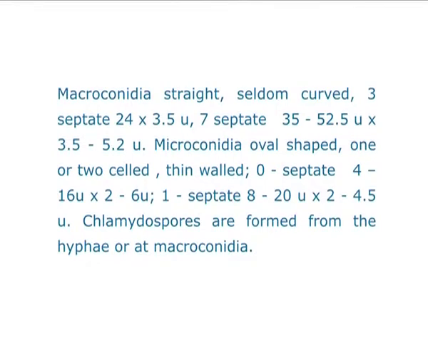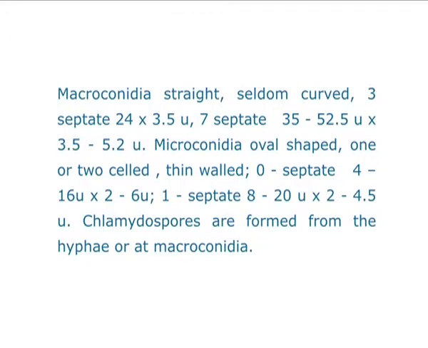Macroconidia straight, seldom curved, 3 septate, 24 into 3.5 micron, 7 septate, 35 to 52.5 micron into 3.5 to 5.2 micron.